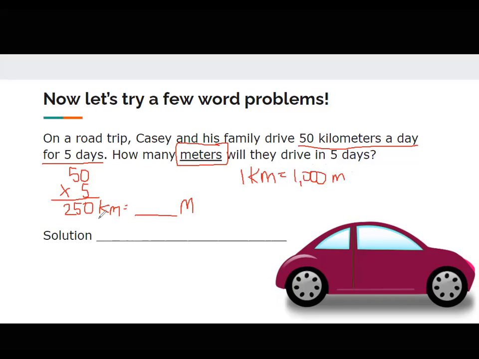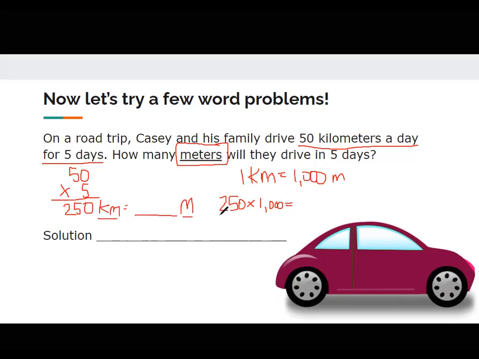So since we're going from a larger unit to a smaller unit, we're going to multiply. So we're going to take the 250 and we are going to multiply by 1,000, since there are 1,000 meters in a kilometer.